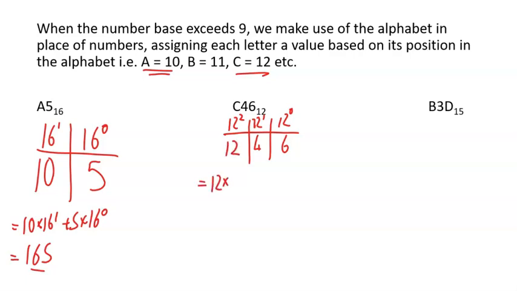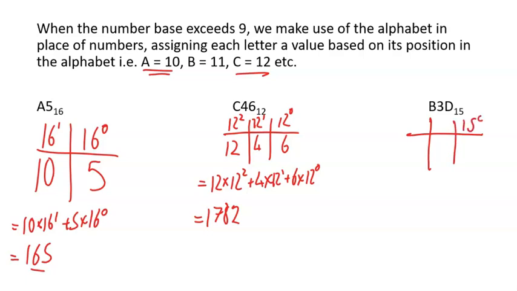So what that then means is I'm going to have 12 times 12 squared, plus 4 times 12 to the 1, plus 6 times 12 to the power of 0. That's going to give me my number, which means in the base 10 system that we've got, it's going to be the equivalent of 1,782.